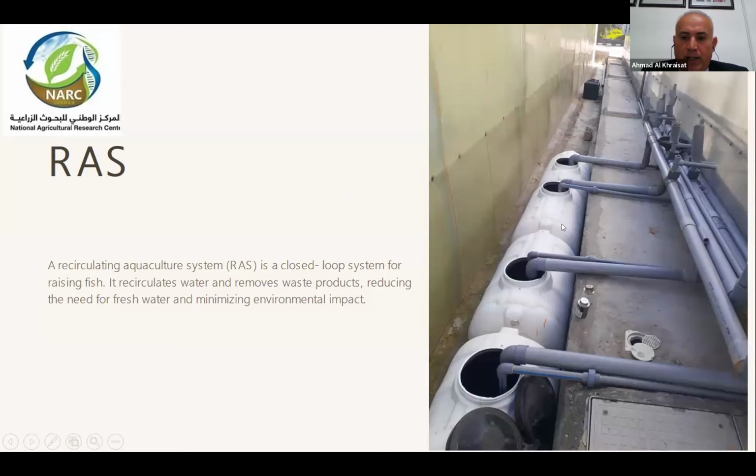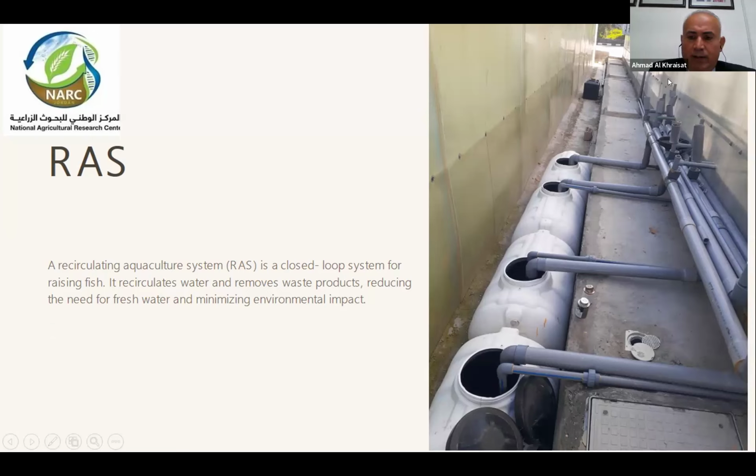We are using four storage tanks here, because this is for the research. Each replicate has a treatment, so I am using four tanks in this system. In these tanks we have submersible pumps going to the fish.